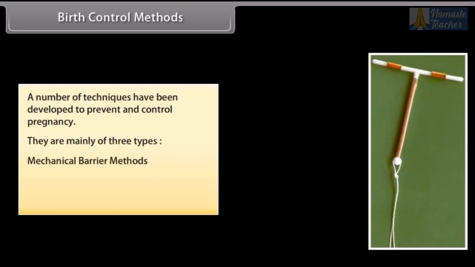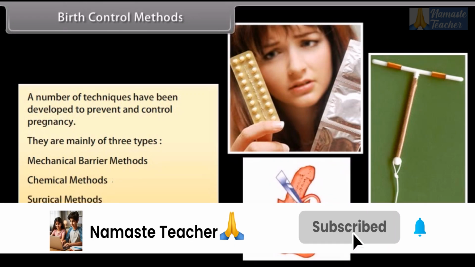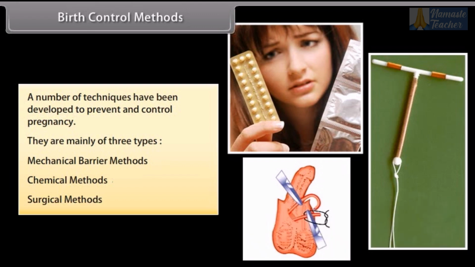Birth control methods. A number of techniques have been developed to prevent and control pregnancy. They are mainly of three types: mechanical barrier methods, chemical methods, and surgical methods. Mechanical barrier methods.